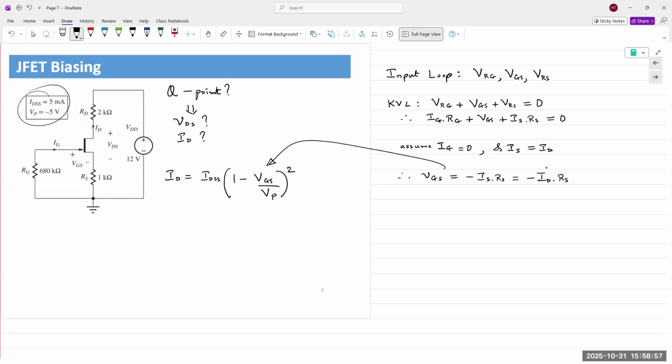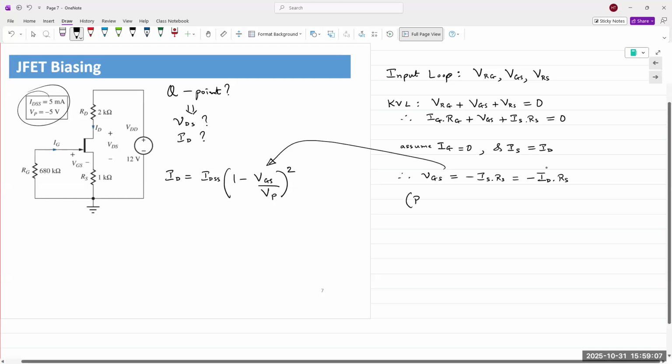So if there are too many unknowns, we make assumptions, we simplify as much as possible, and then we begin solving for it. So I would say plug this into the equation for ID.